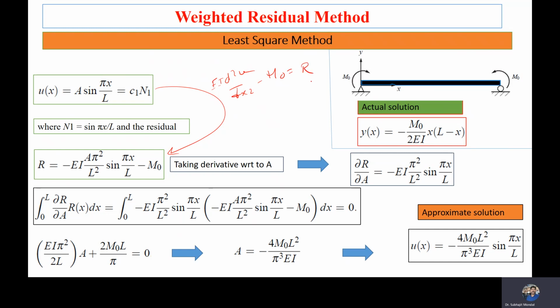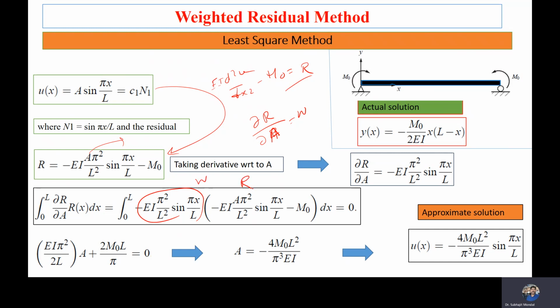Now, we have already discussed that in the weighted residual method, we take the first derivative of the error with respect to the unknown coefficient. What coefficient do we have? The coefficient here is a. So we'll take the derivative of the error with respect to a, and this will be our weight function.